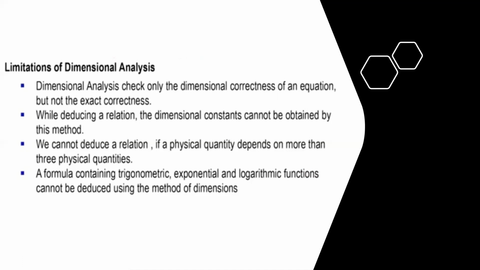What if it depends upon the luminous intensity? What if it depends upon temperature? What if it depends upon amount of substance like mole? So if the physical quantity depends upon other fundamental quantities other than mass, time, and length, you cannot deduce the relation.